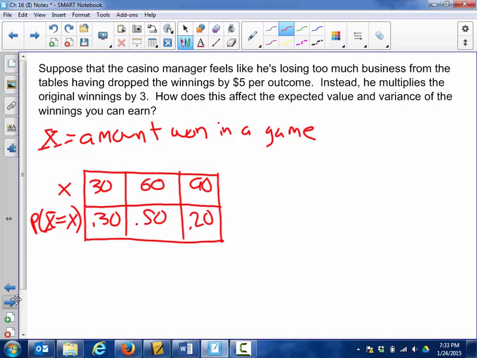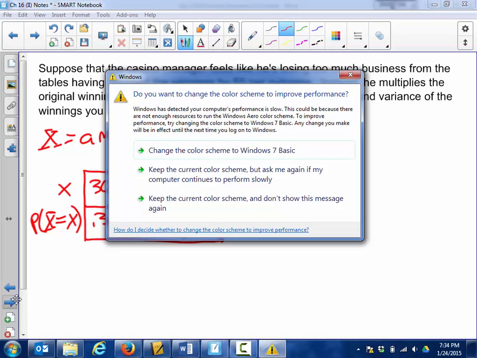Okay, so once again here, if we know we've multiplied the original probability model by 3, take a guess as to what the expected value and the variance are going to do for yourself. And I would start with, think about whether or not you think the mean, which is the expected value, will change, and if so, by how much. Same thing with the variance here. Do you think the variance will change? And if so, how much do you think it'll change by?